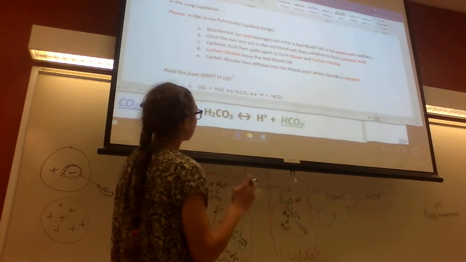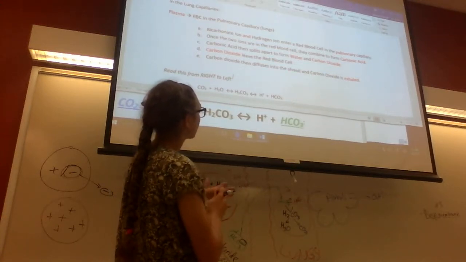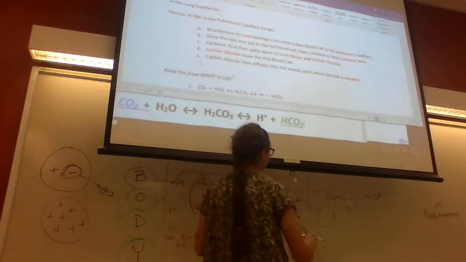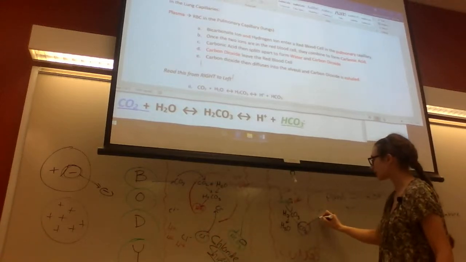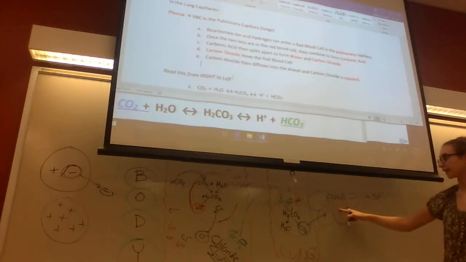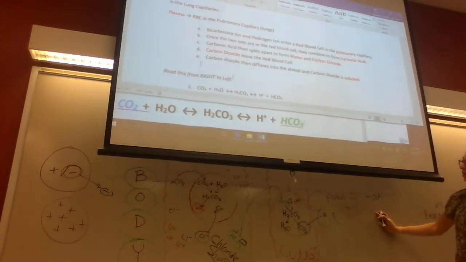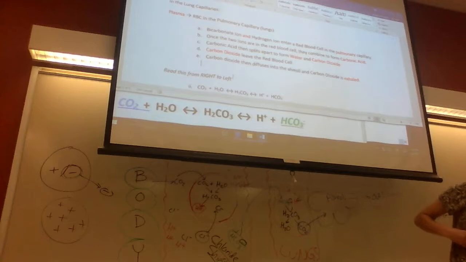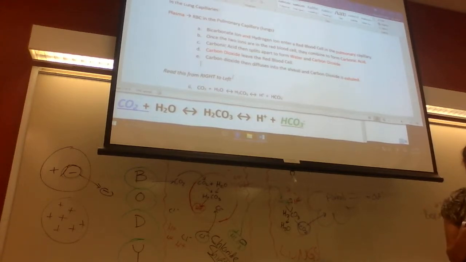Carbon dioxide will then leave the red blood cell in the pulmonary capillary and go into the alveoli. And then from the alveoli, it'll go into your lungs and then exhale. And then we're done.